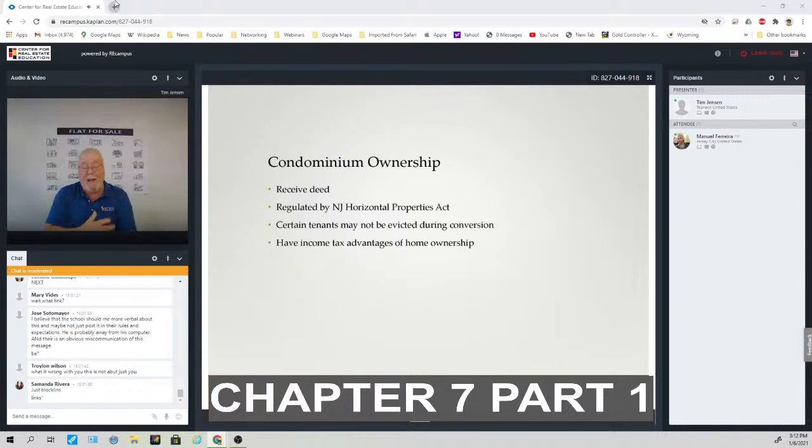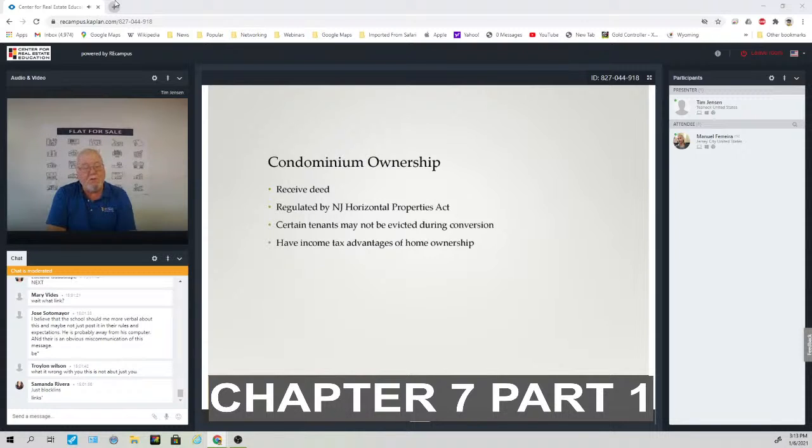And I have to pay a maintenance fee for the upkeep and maintenance of those common elements. Therefore, I'm named as a tenant in common with all other condo owners. Why tenant in common? Because we're all coming and going at different times. We could never achieve joint tenancy. So we'd be named as tenants in common on the master deed, and I had to pay maintenance fees for the upkeep and maintenance of the common elements.